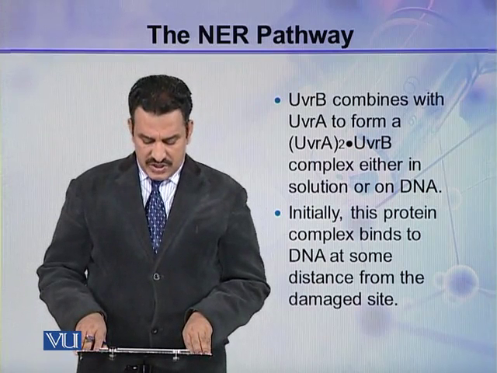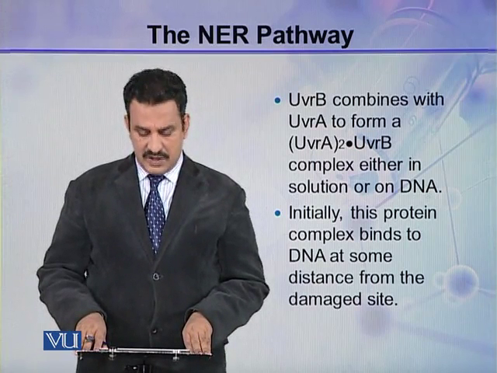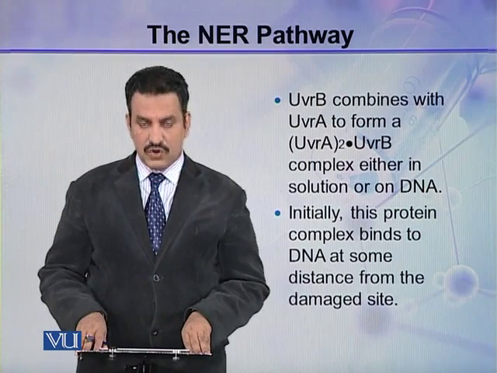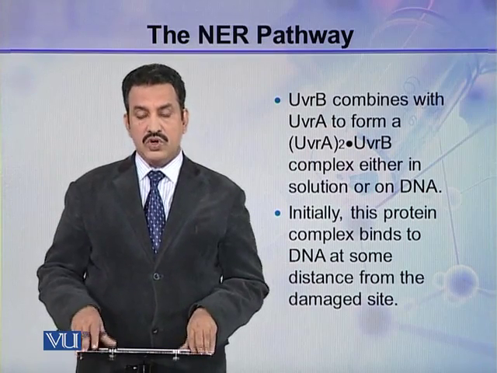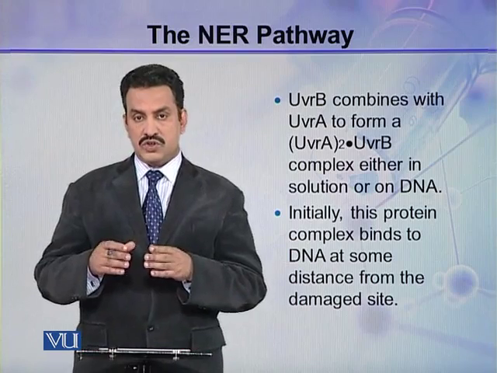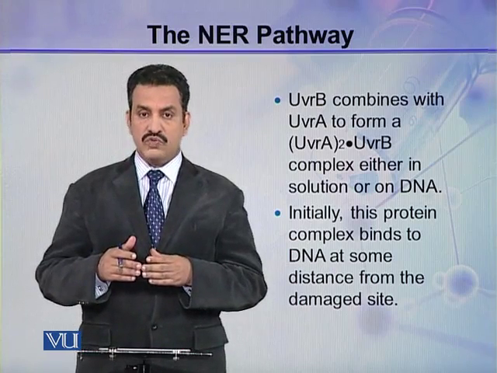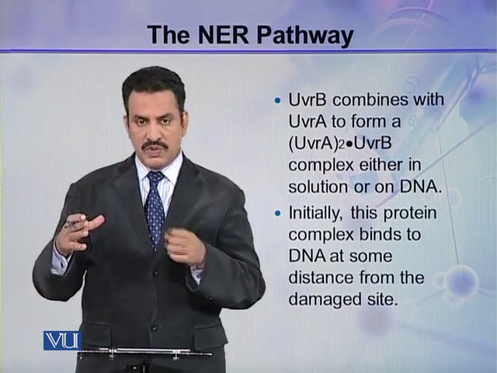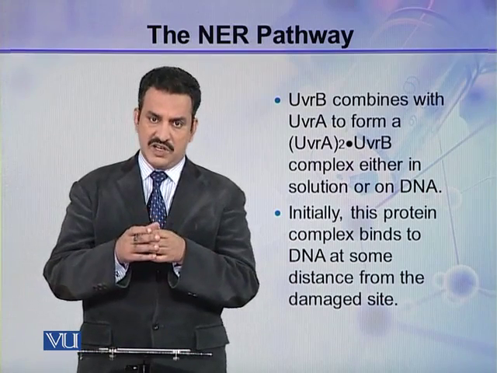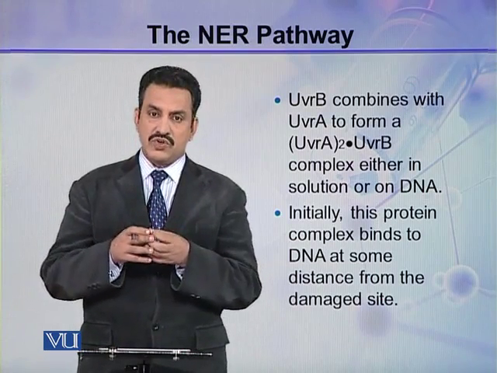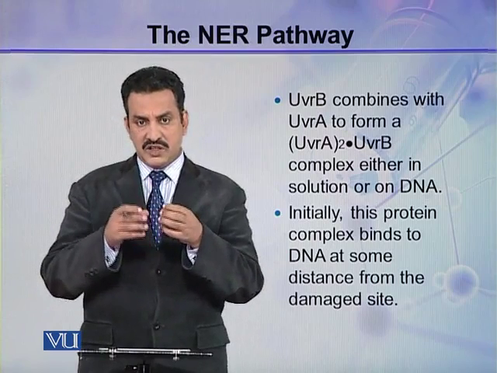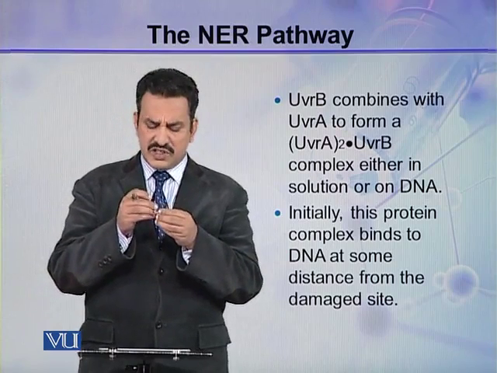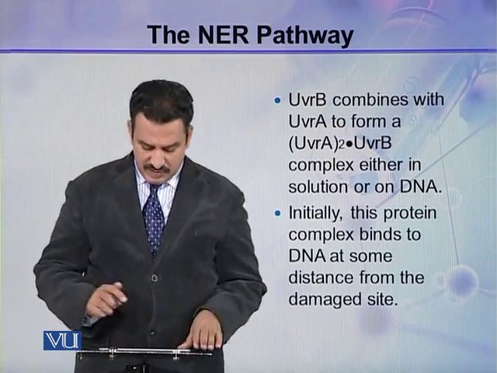Initially, this protein complex binds to DNA at some distance from the damaged site. So after the formation of this UVRA2 UVRB complex, the next step is that this complex binds to the DNA, again at some place other than the damaged site, slightly away from it.